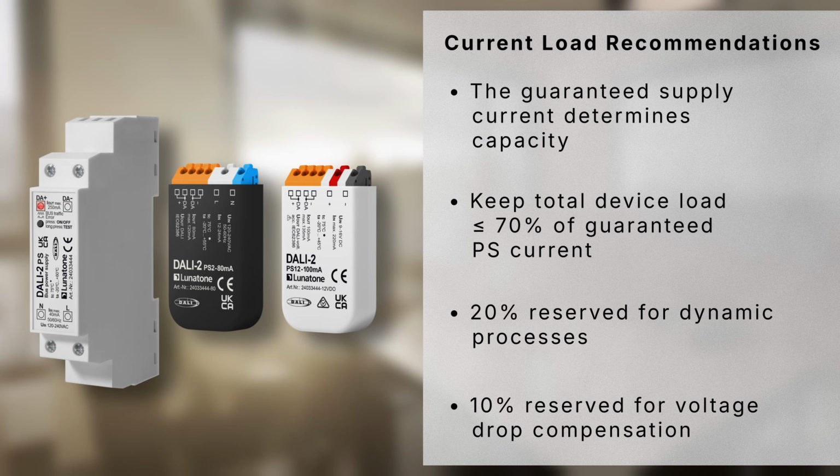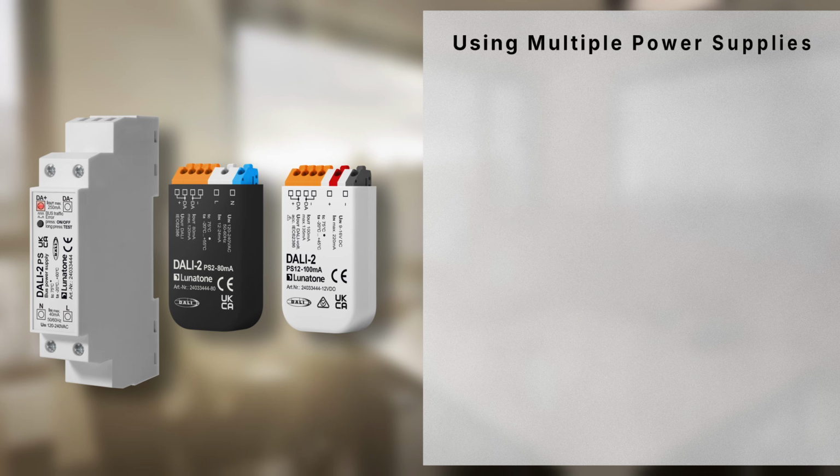Multiple power supplies can be connected in parallel on the DALI line, but their total combined output must not exceed 250 milliamps. When using multiple DALI 2 power supplies, please note, not all power supplies are suitable for parallel operation. This must be explicitly stated in the datasheet.